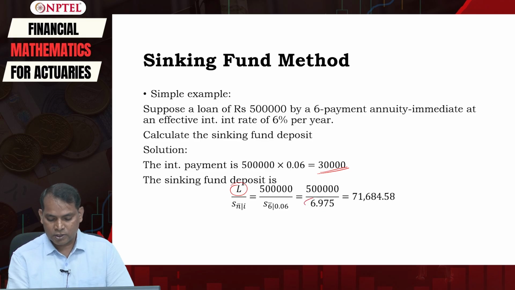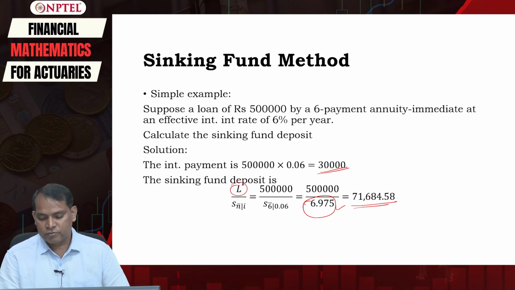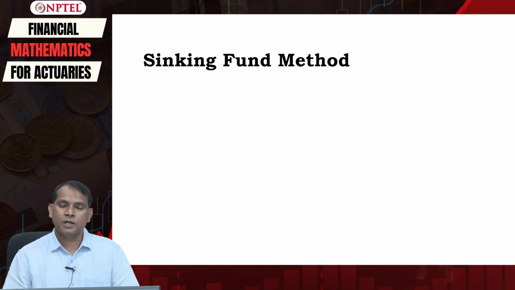You can use your calculator to get this value, and finally the sinking fund deposit will become 71,684.58.